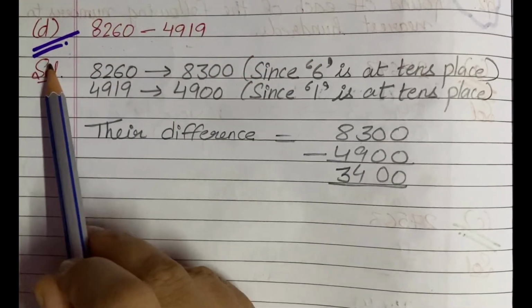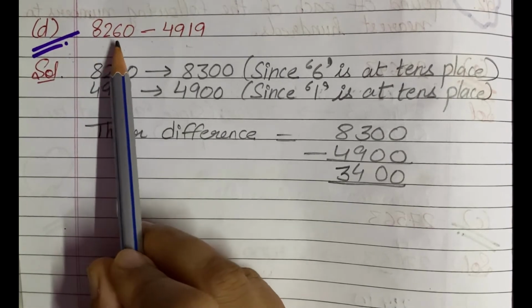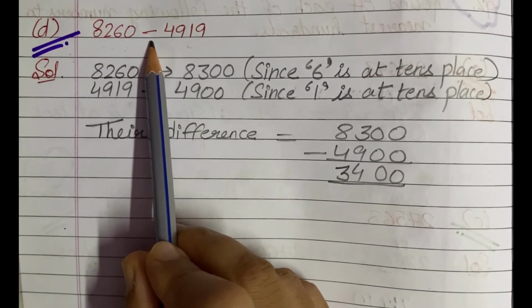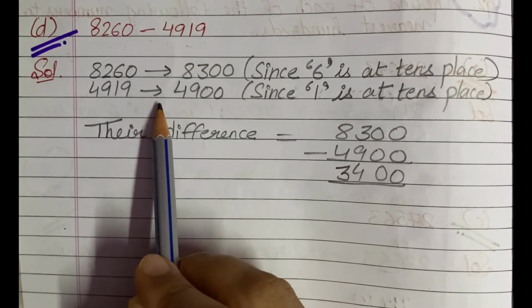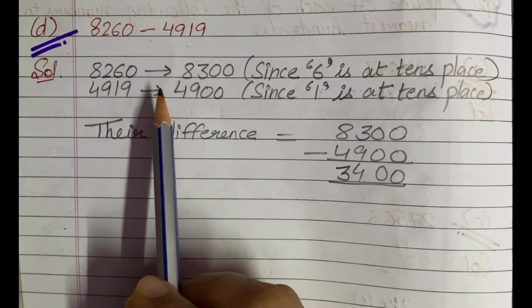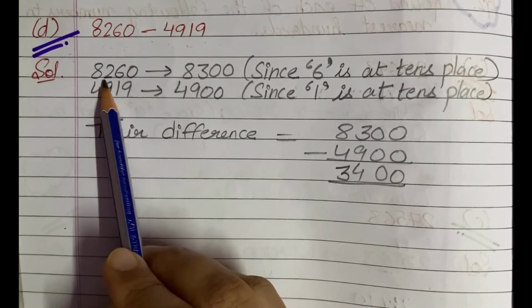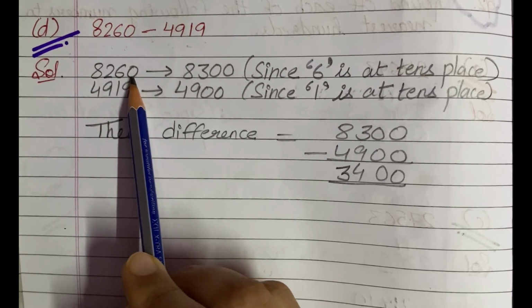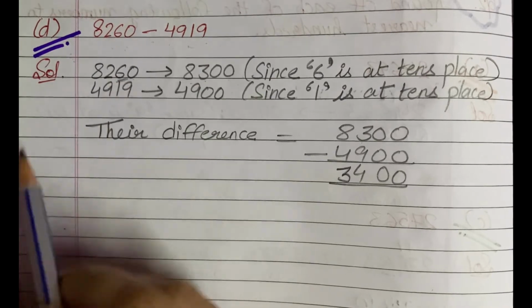Next is D part of the same question, and it says that 8,260 minus 4,919. So students, here first of all we will round off the given numbers to the nearest hundreds. Round off of 8,260 is 8,300 since we have 6 at the tens place.